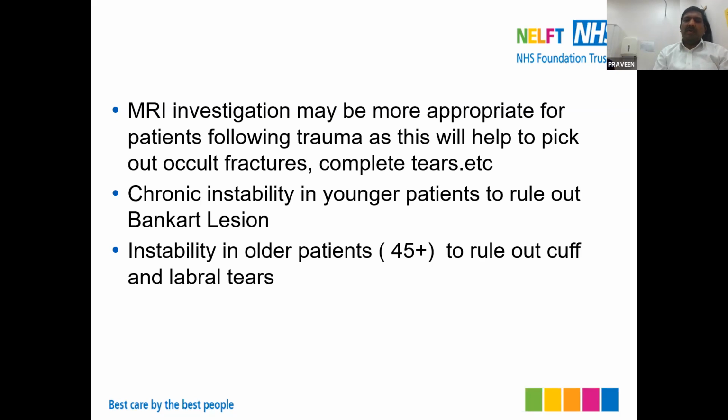I would also probably consider using MRI for patients with chronic instability, especially the younger patients, and this is primarily to rule out a Bankart lesion. And in terms of instability in the older patients, probably 40, 45 plus, this will also help to rule out rotator cuff tears and labral tears.